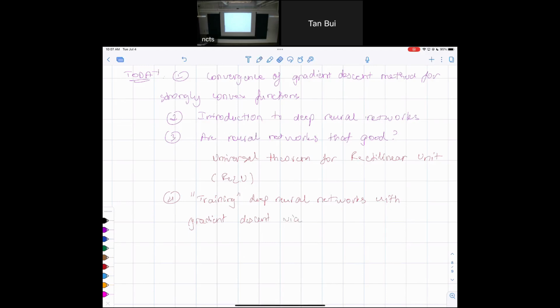So we're going to introduce what we mean by backpropagation and how we actually see it. Okay, so that is our plan for today.